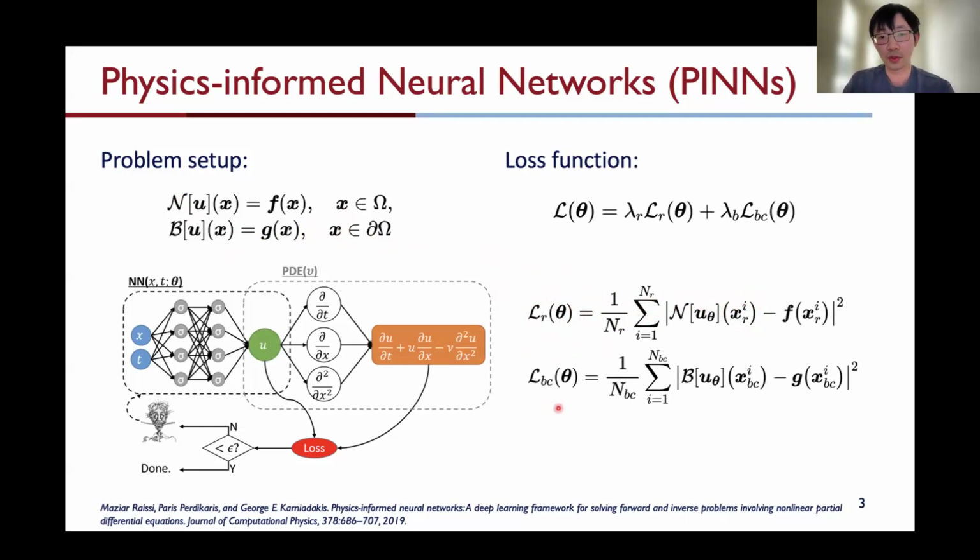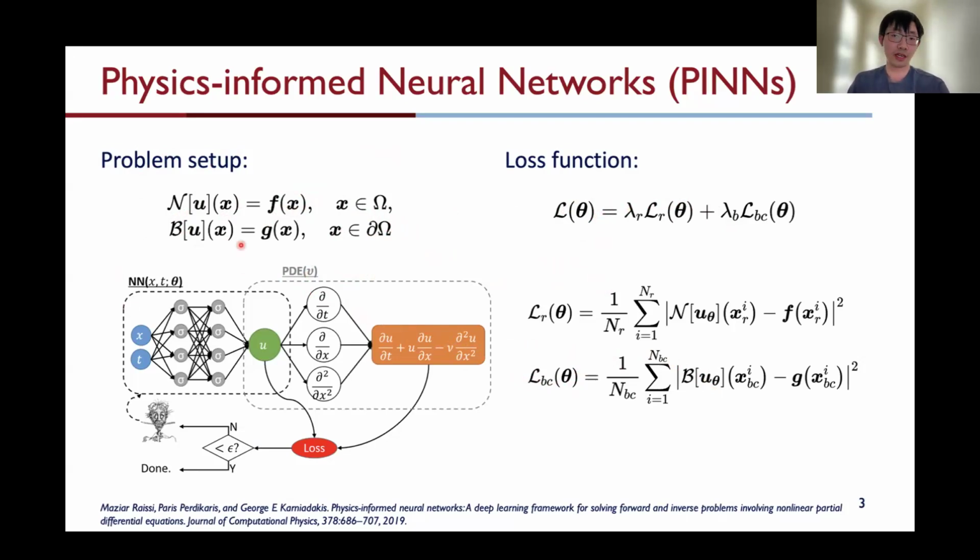For the second loss, we have the boundary condition loss. The purpose of that is to enforce the network to fit the boundary conditions. Then after training, we may expect that these losses can decrease to some small value. Then those constraints are satisfied approximately. We may expect that our PINN can give us a desired approximation to the PDE solution. This is the PINN framework.